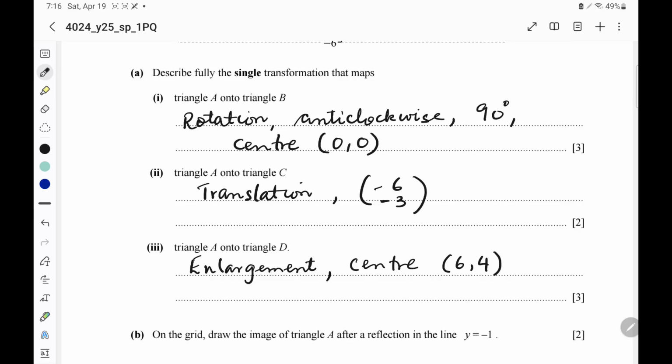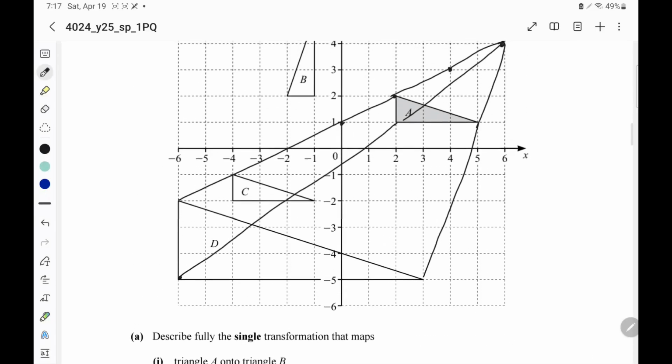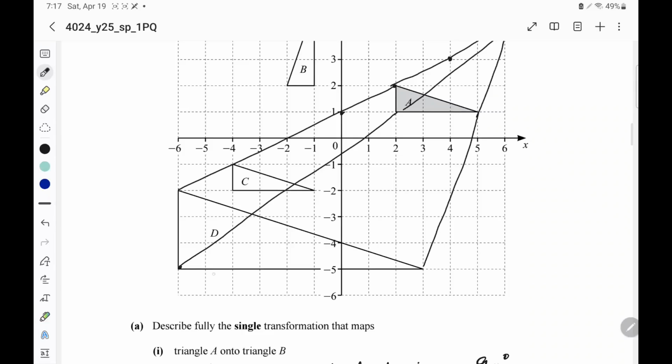That is the coordinate. And then we have to find out the scale factor. Scale factor means you have to see how much it enlarges: size of image upon size of object. So the image is this one, the D triangle. 1, 2, 3, 4, 5, 6, 7, 8 and 9 boxes, and here 1, 2, 3.